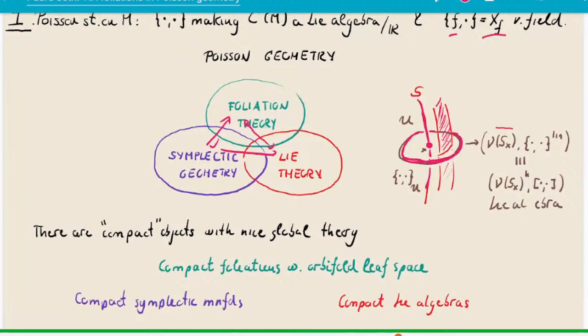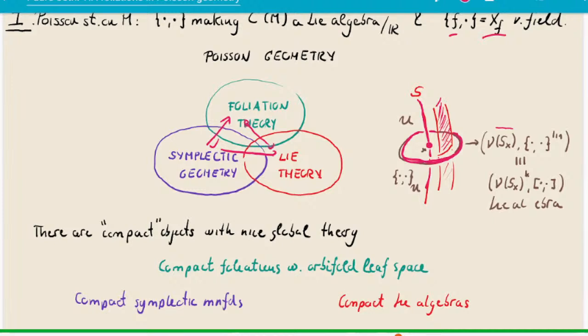If you look at these three areas separately, you'll see that each of them has a notion of compact object, which makes it possible to develop a nice global theory. In foliation theory, the nice compact objects would be compact foliations whose leaf space is an orbifold, the ones we discussed until now. In symplectic geometry, the compact objects are compact symplectic manifolds, whose theory is much, much richer than the one of arbitrary symplectic manifolds.